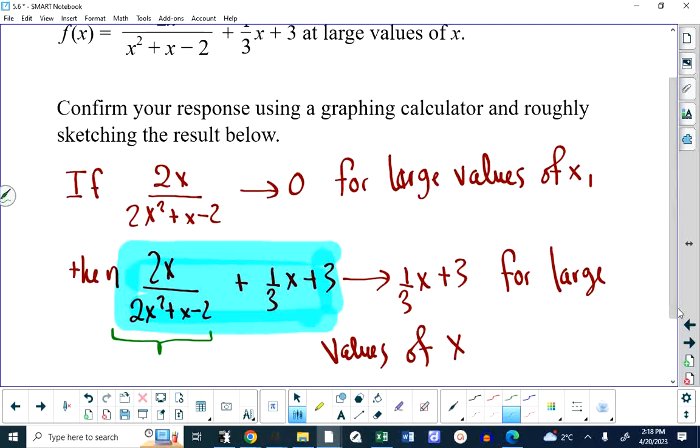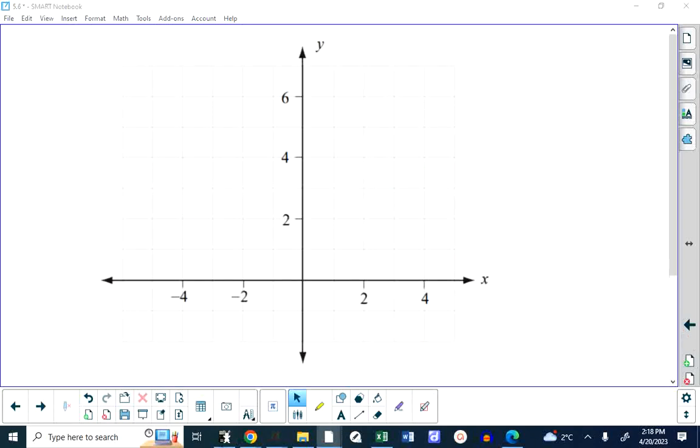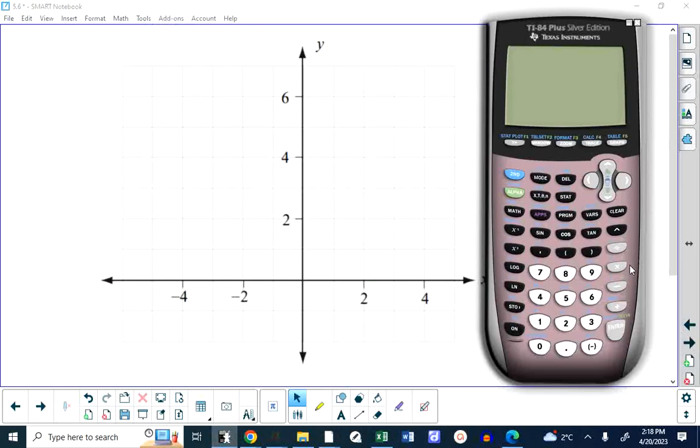So we are asked to confirm our response using a graphing calculator and do a rough sketch. So the first thing, I guess, is we should set up our window settings on the graphing calculator to match what we're looking at here in our handout. And if you didn't have a graphing calculator and we're learning this in post-secondary, you might graph it on a computer, which I am going to do in a bit. -6 to 5. Oh, I think I did this to check it out earlier. So I'm going -6 to 5 and -2 to 7.